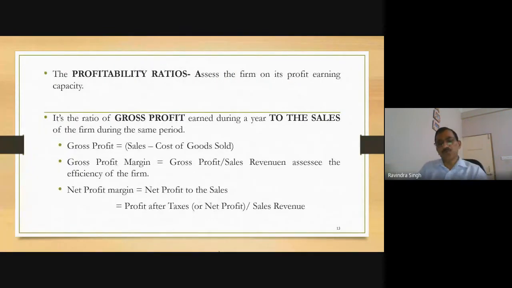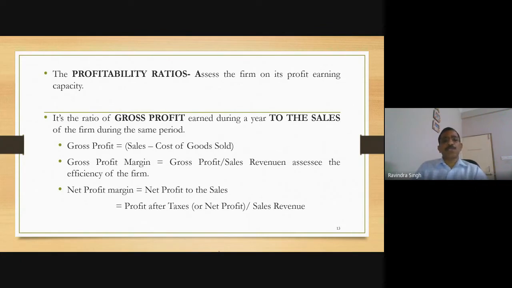Profitability ratio. See, profitability ratio assesses the firm on its profit earning capacity. It is the ratio of gross profit earned during a year to the sale, that is, the ratio of gross profit and the sale. Once again, this gives an overall status of the company, which further may or may not be useful to the investors.